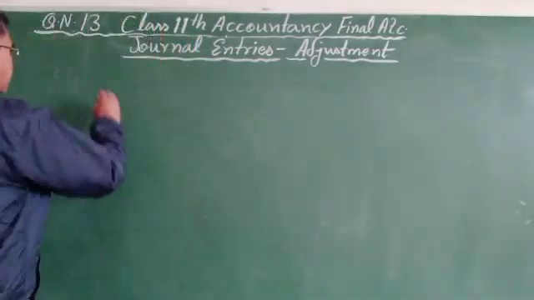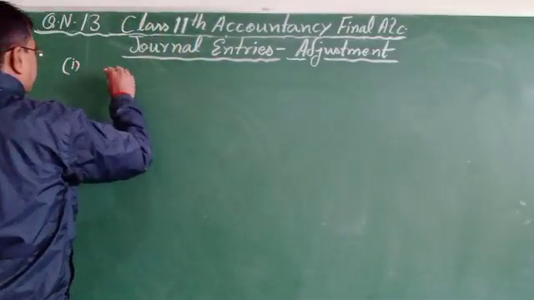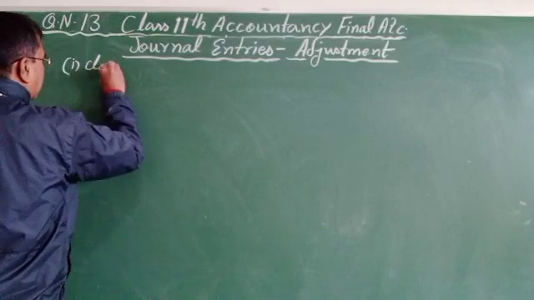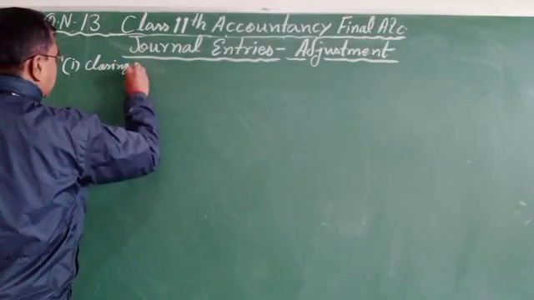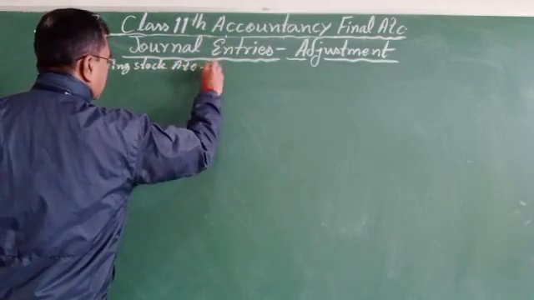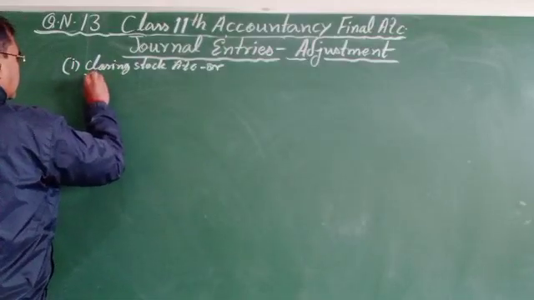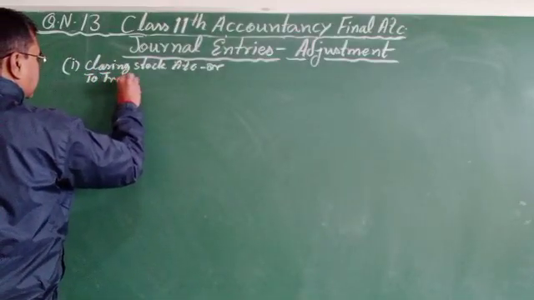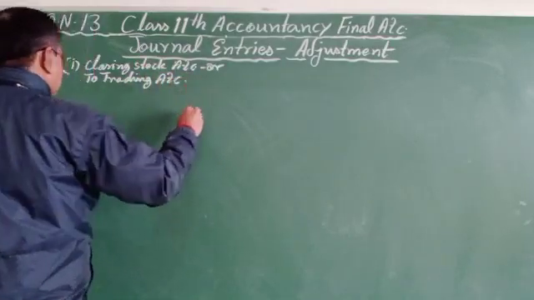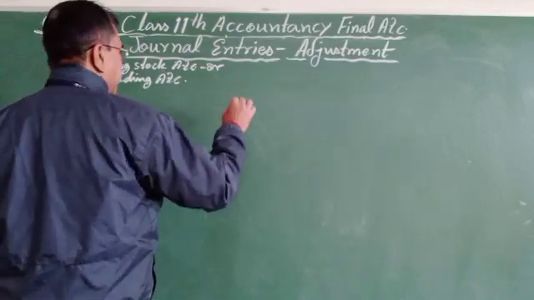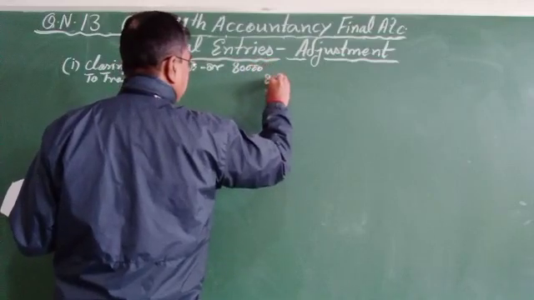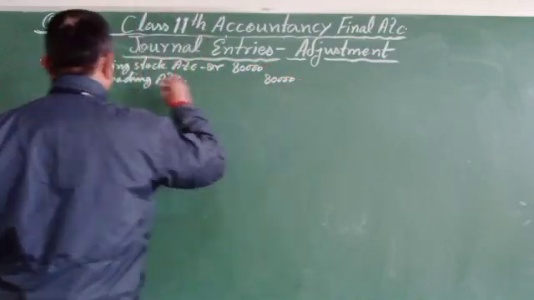So the first entry will be: closing stock account debit to trading account, the lesser value 80,000.